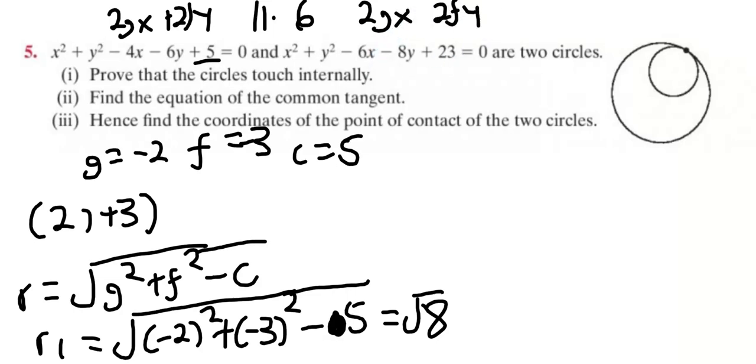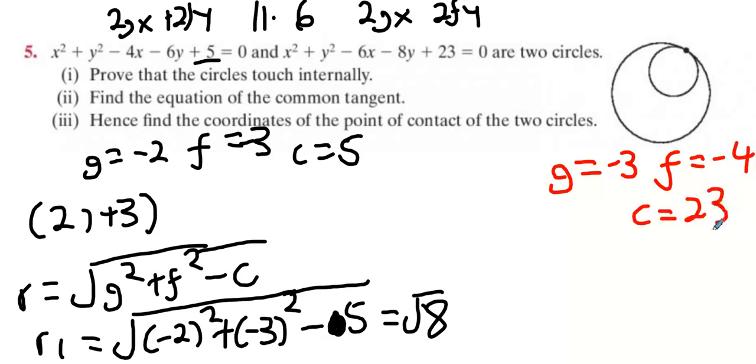Right. For the second one, g is minus 3 and f is minus 4 and the c value is 23. Is that all right? We all good? Okay.